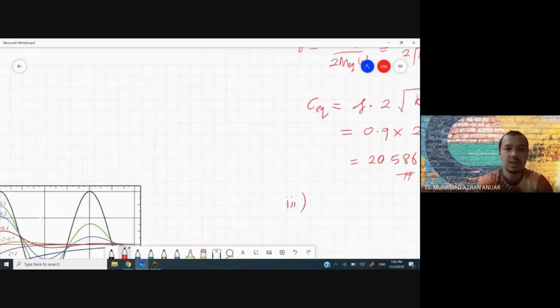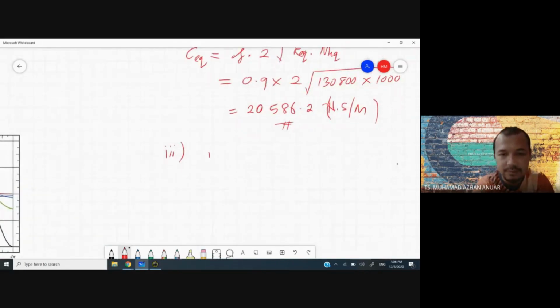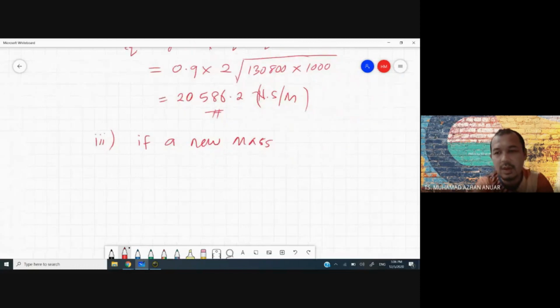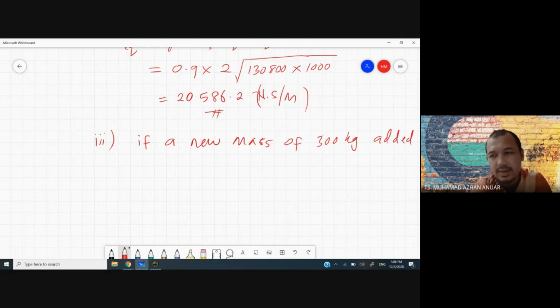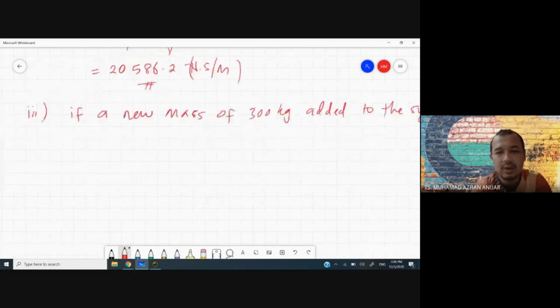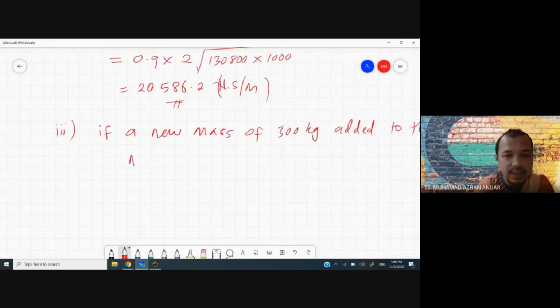So if a new mass of 300 kg is added to the system, it means that our M equivalent now is equal to 1,300 kilogram.